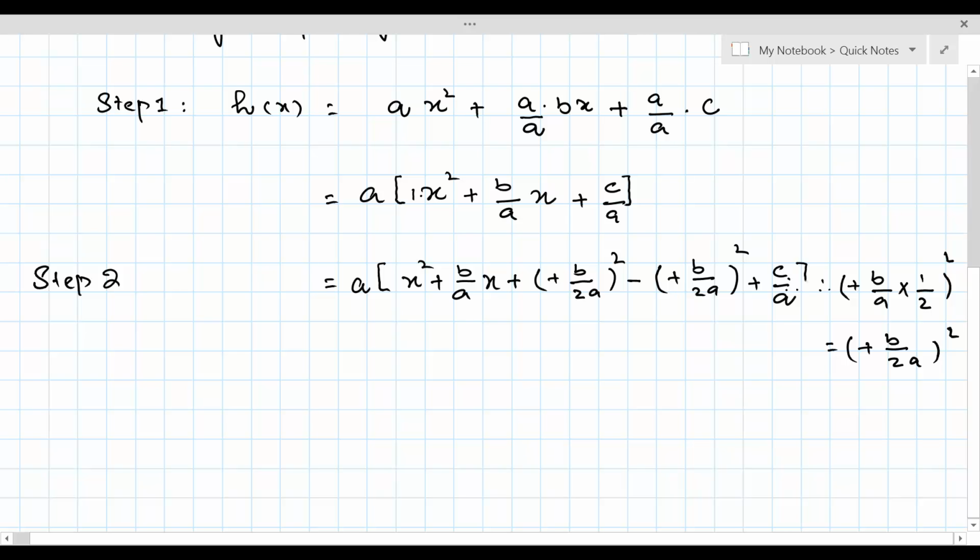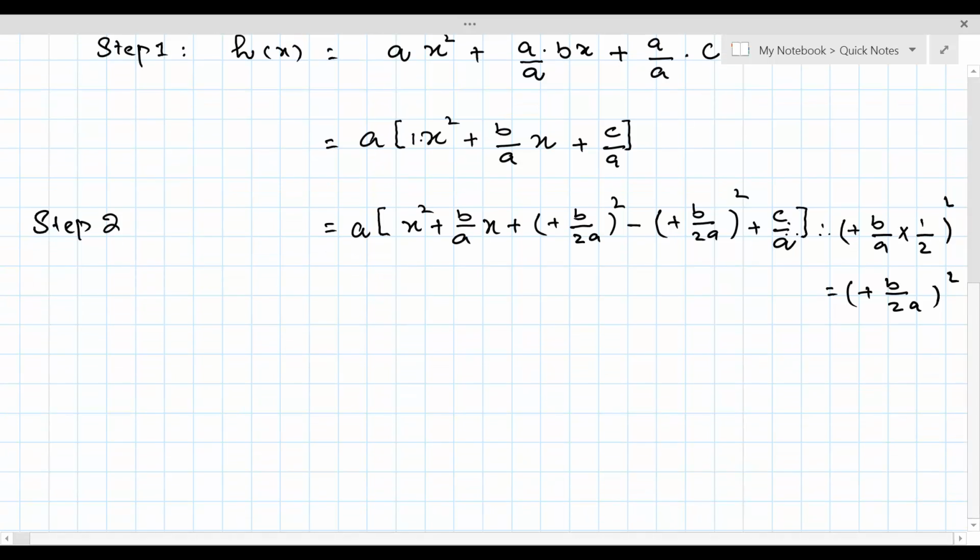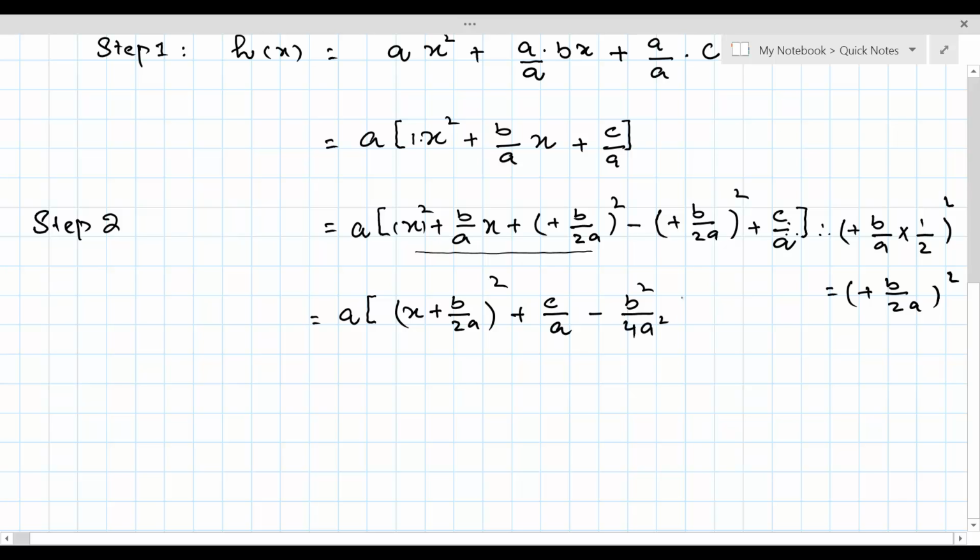And by placing the bracket here, now if we take a look at the first three terms of this, they are a perfect square of two square terms. This is equal to a times x plus b over 2a square, and then we have plus c over a and minus b square over 4a square.